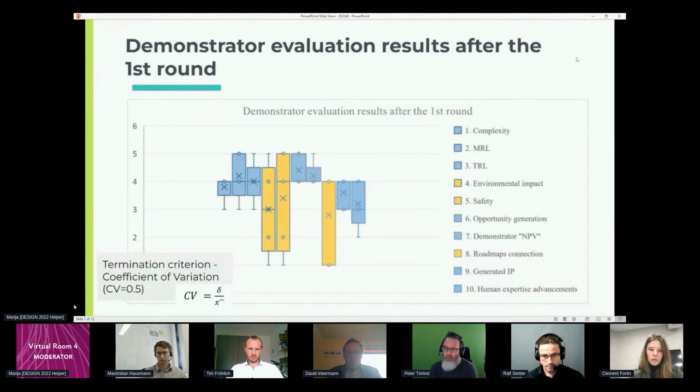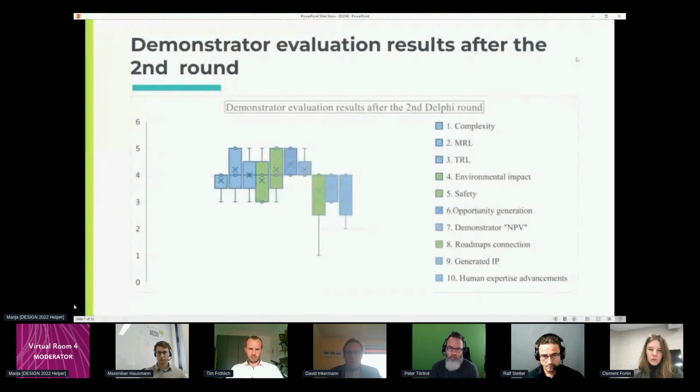In simple words, on those criteria, experts did not agree on their evaluation. They did not come to consensus in first round, but you can see that they easily did converge on those criteria in second round after having a short discussion.